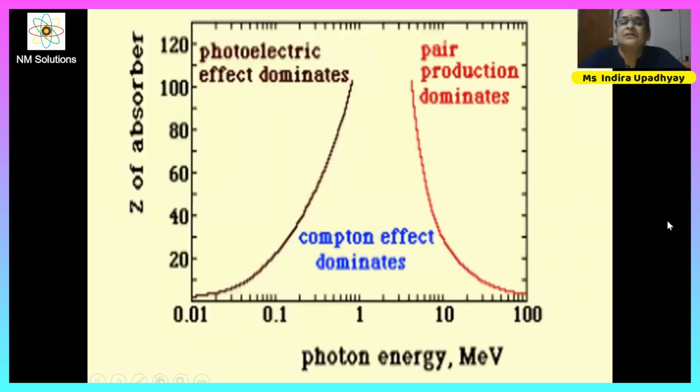Now here in this graph you can see the atomic number of the absorber versus photon energy in MeV. As the atomic number increases, the photoelectric effect increases, but it is at lower energies, while the Compton effect is dominating between 0.1 MeV to 10 MeV, and as the energy increases beyond 10 MeV, it is pair production which dominates.